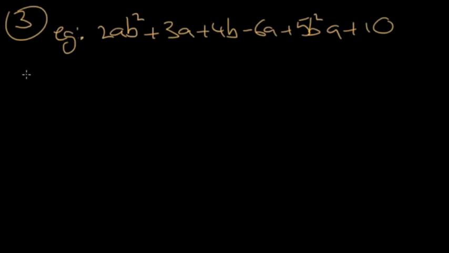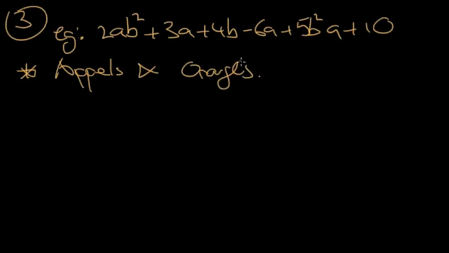There's one thing that I really like to think about whenever I'm doing algebra, and that's apples and oranges, right? That means you can only combine like things. So this is our like terms, but I phrase it apples and oranges.